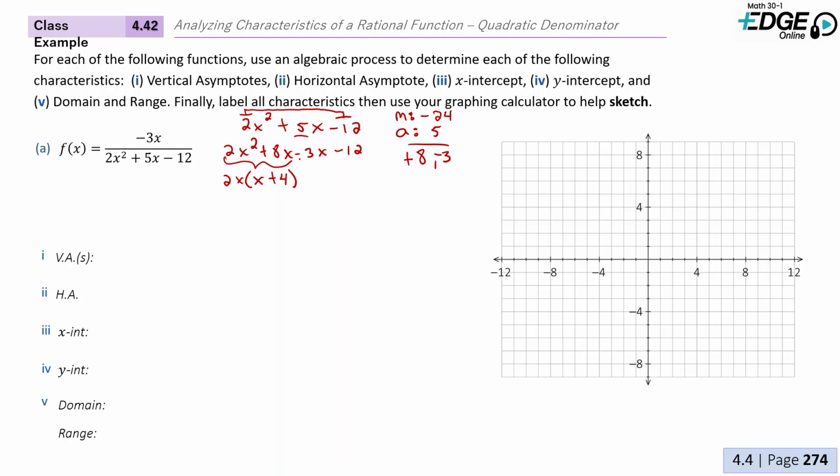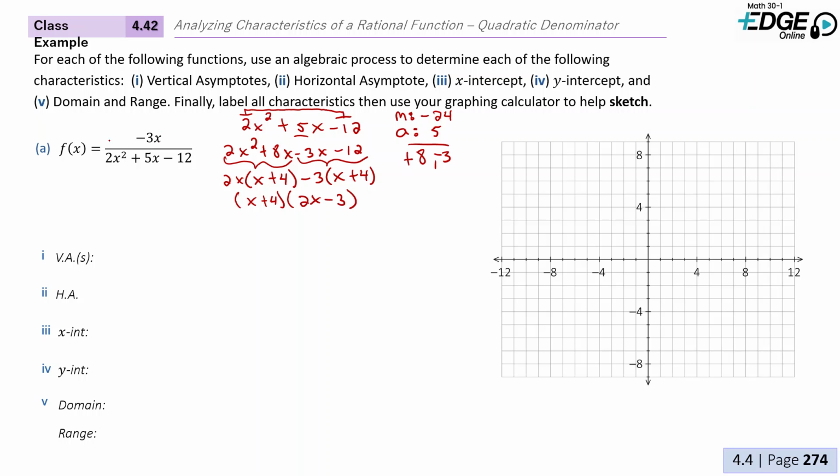And then for the last two terms, what's common to those? Well, negative 3 is, so we'll factor out negative 3. And then we have x, negative 12 divided by that negative 3 becomes x plus 4. So our factors here are x plus 4 and 2x minus 3.